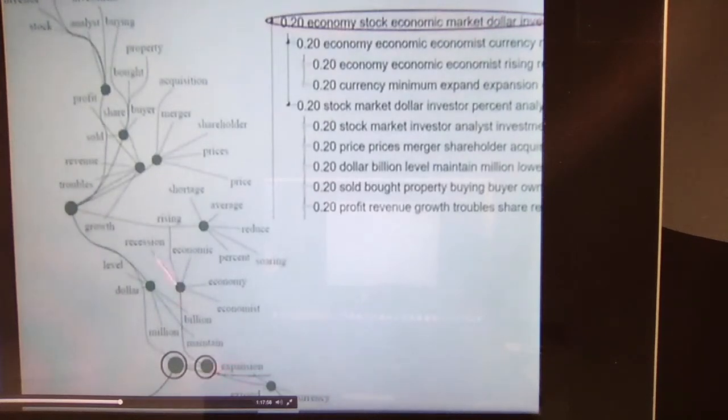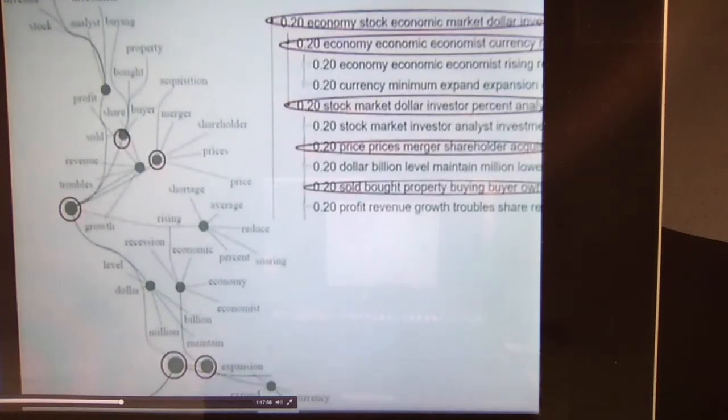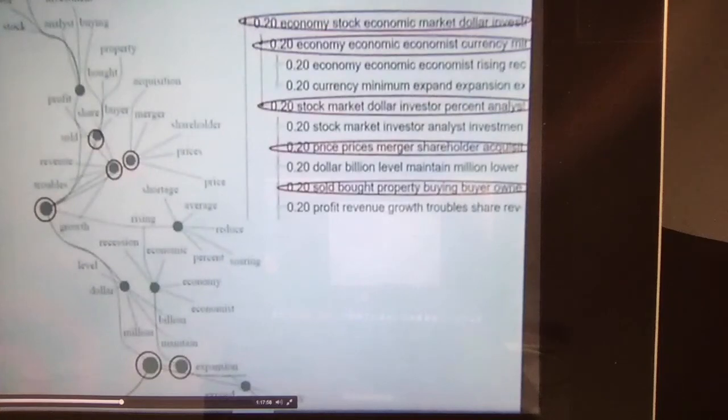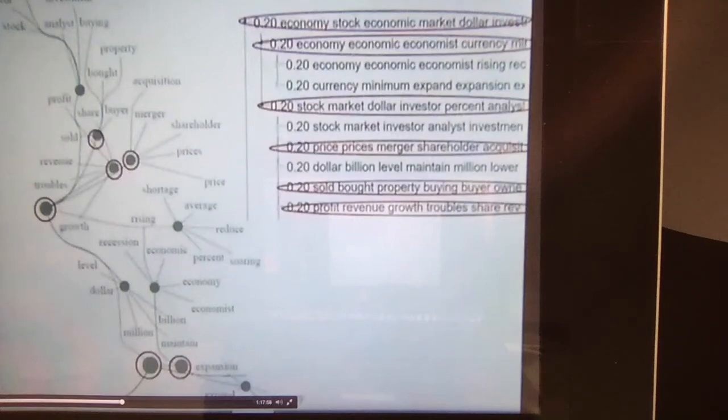One gives us the economy topic, and the other gives us the stock market. And this one again has some children. They give us other topics like prices, mergers, property market, and revenue growth. Because it's a hierarchy, from here you have those two, and from this you have these two.